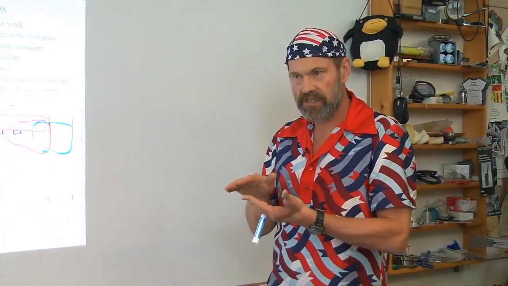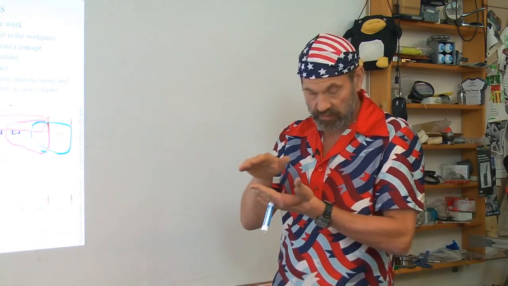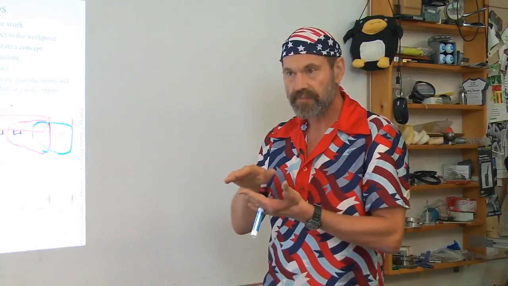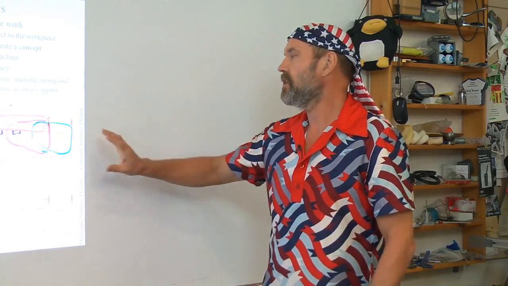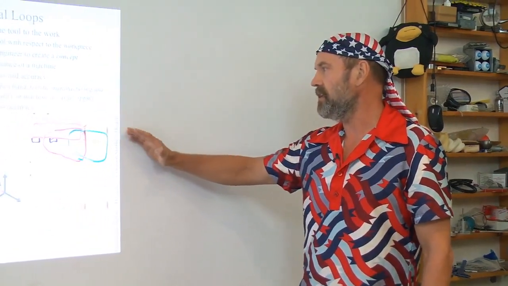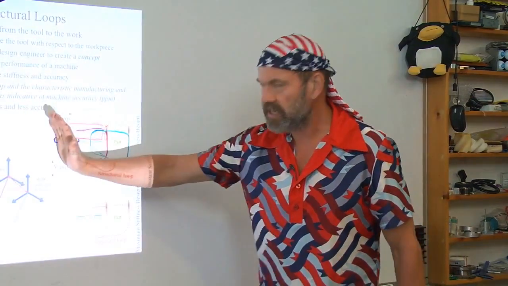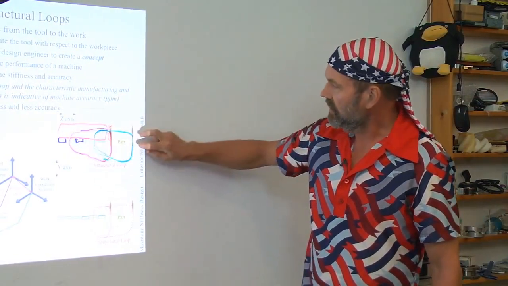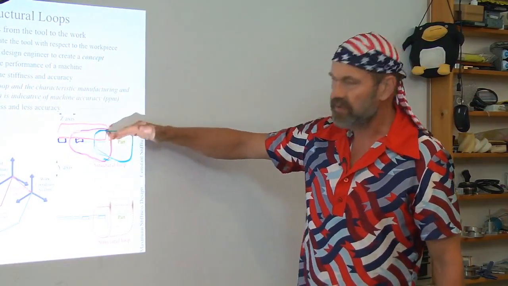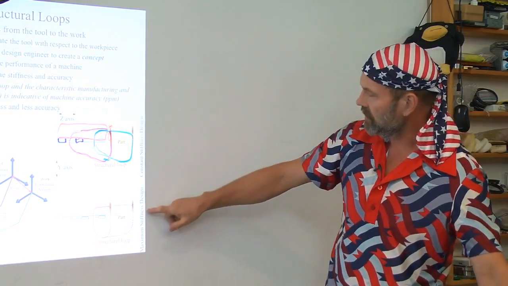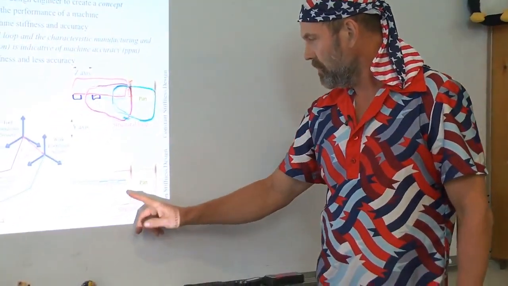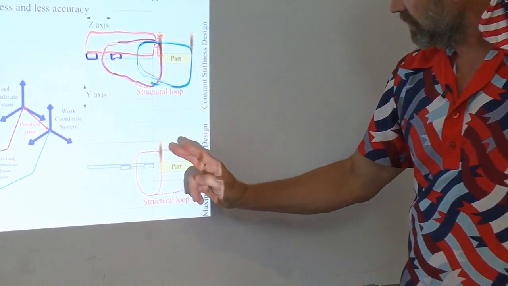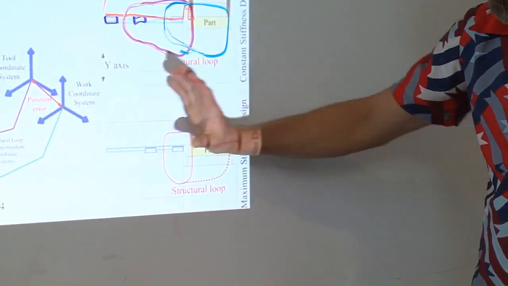If the stiffness is the same as I move, then the cutting forces will be producing the same type of deflection as I move. Remember, F equals kx. So philosophically, this type of machine can be used to cut with heavy cutting loads and still have an even part without any taper.